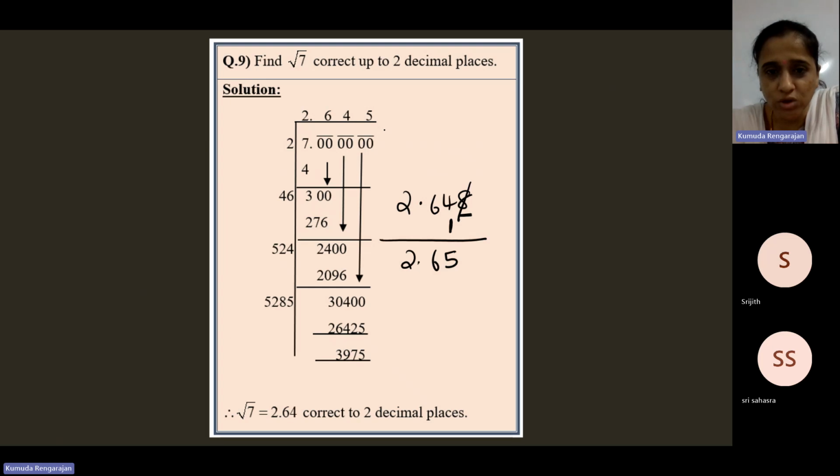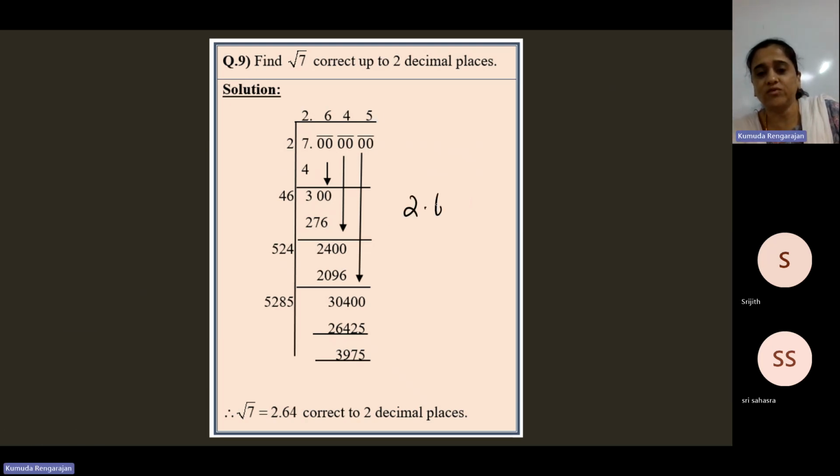But what's the quotient here? 2.645. If it is more than 5, it should increase by 1. If it is 5 or less than 5, simply take it away. If it's more than 5, remove the last digit and add 1 to the earlier digit.